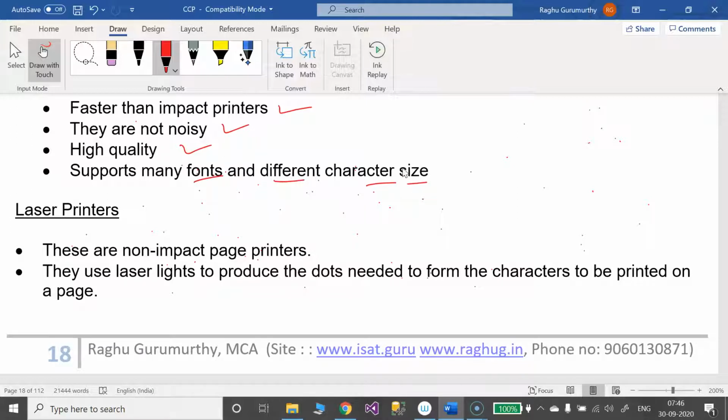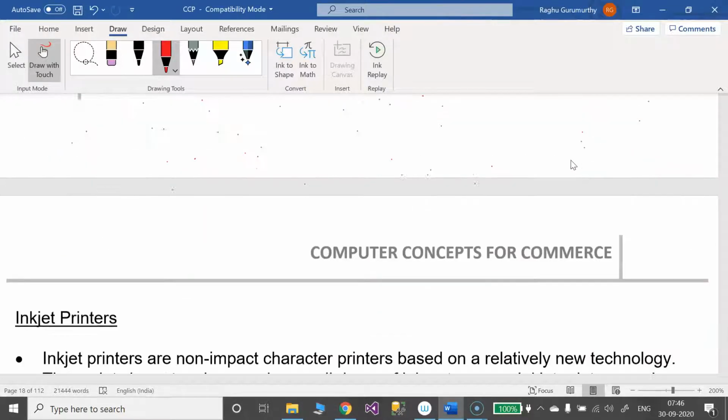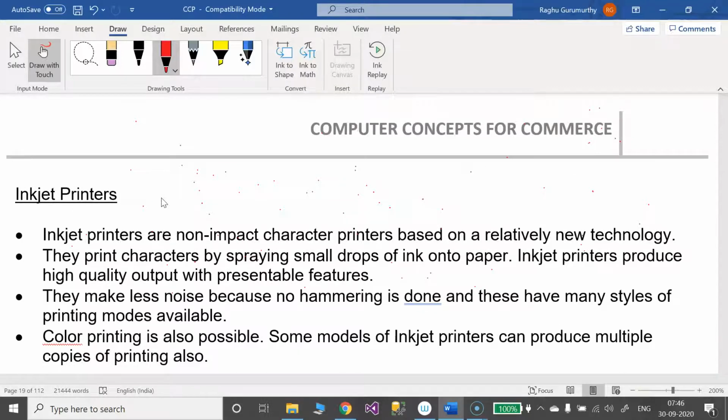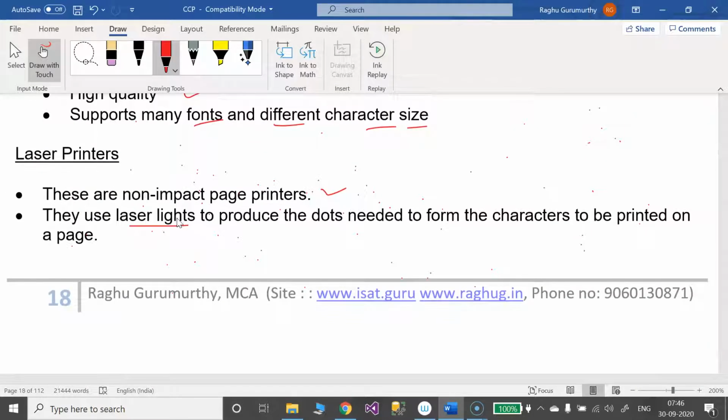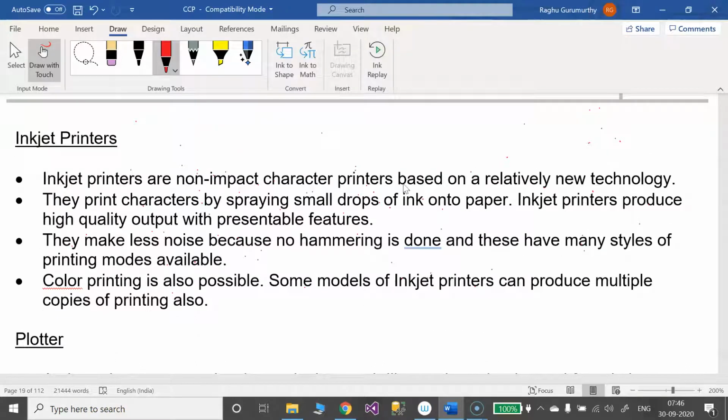Let's come to the laser printer. These are non-impact printers, of course. They use laser light. This is important to produce the dots needed to form the character to be printed on the page. Okay. Later, inkjet. Here light is the source for printing. Inkjet printers are non-impact printers based on relatively new technology.